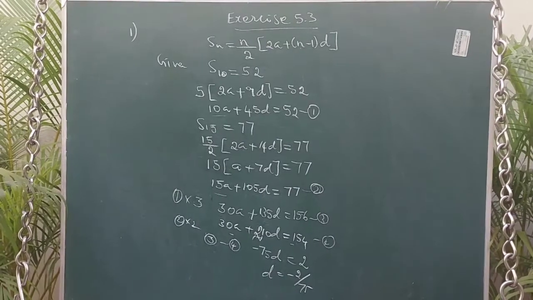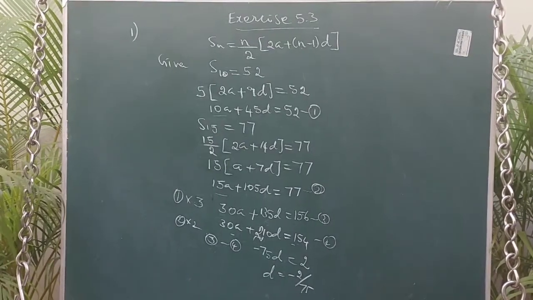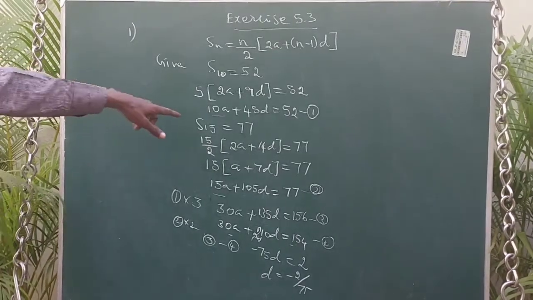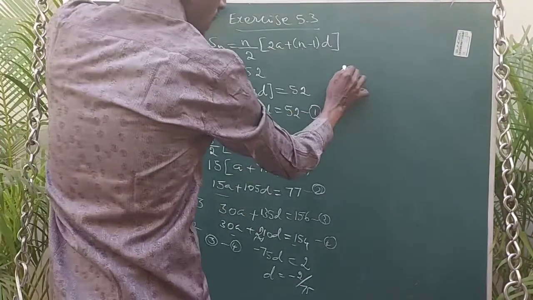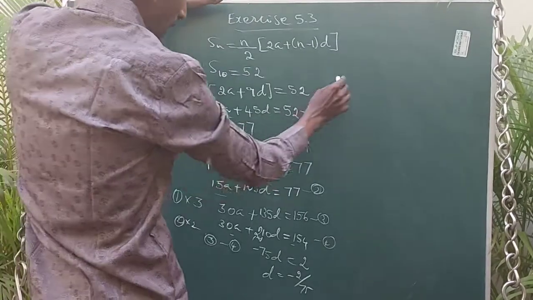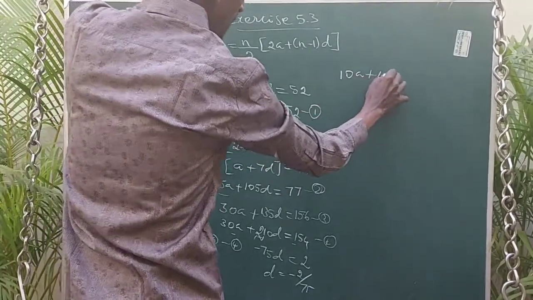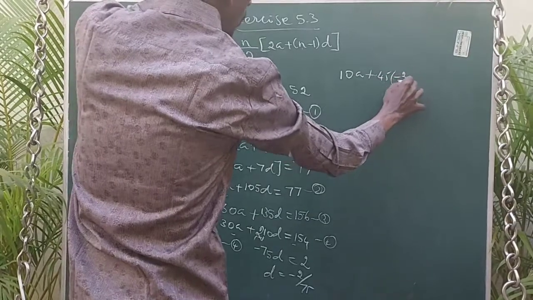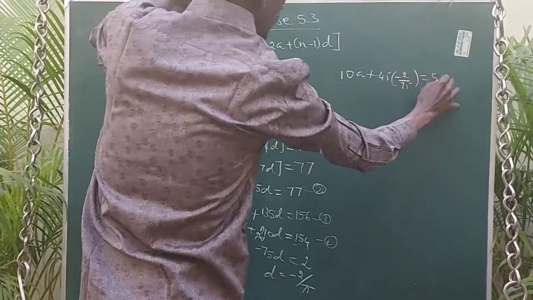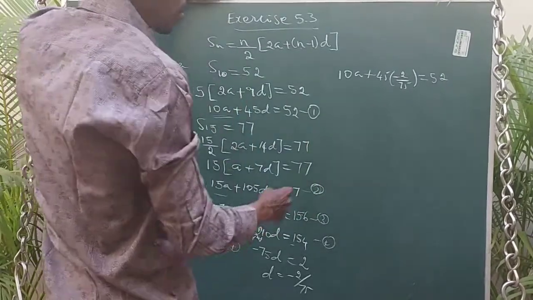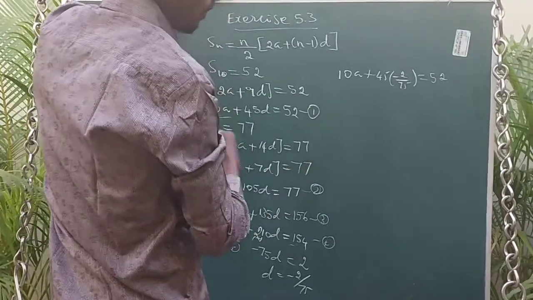Now put it in equation 1 to obtain the value of a. So 10a plus 45 into minus 2 by 75 equal to 52. So how can we cancel? Cancel by 15.